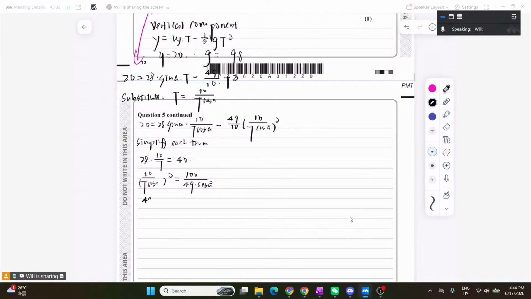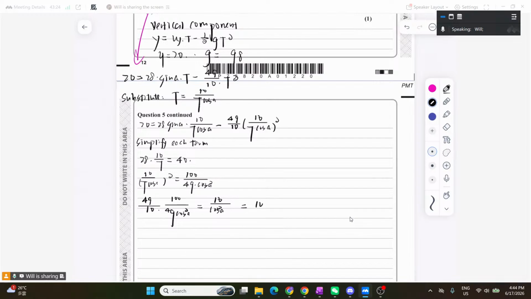I can also transform the 49 over 10 times the 100 over 49 cosine alpha squared, right? Equal to 10 over cosine alpha squared, right? Okay, and then continue to simplify.